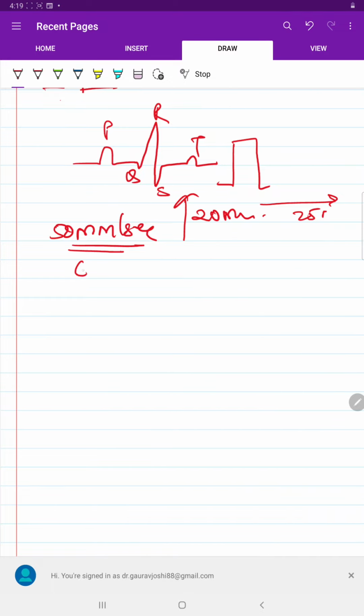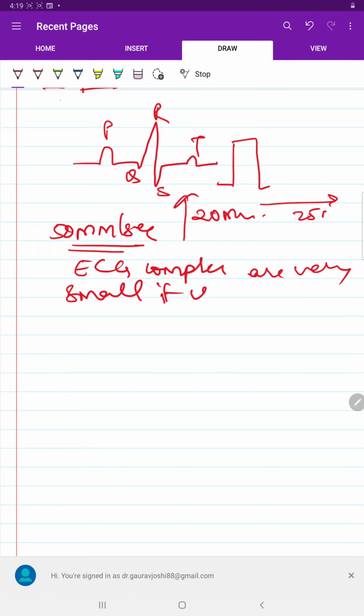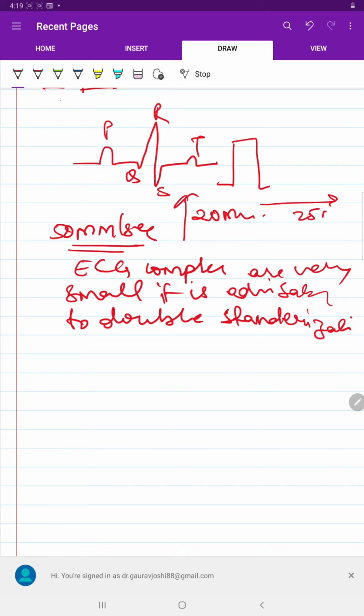In conditions where ECG complexes are very small, it is advisable to double the standardization to study the Q wave. In another way, the cardiologist can ask to reduce the standardization from 20.